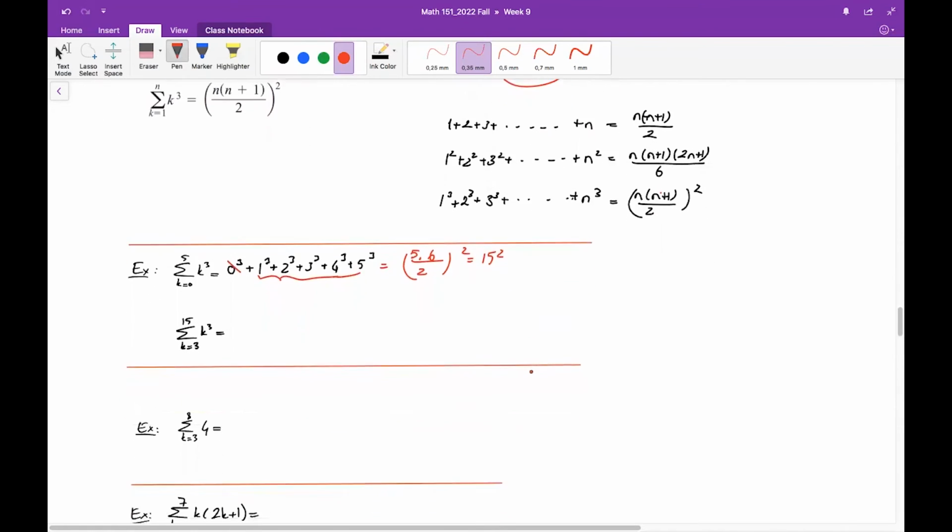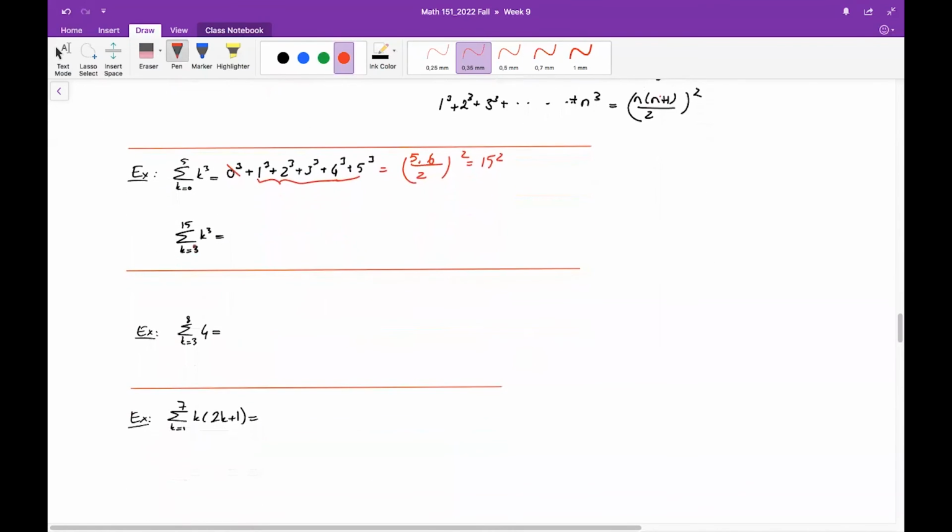Okay, what if you are again summing cubes, but k is from 3 to 15, not starting from 1? Okay, you can handle it. 3 cubed, 4 cubed, and all the way up to 15 cubed. Normally, if you would have the first two terms too, these are the missing ones, right?